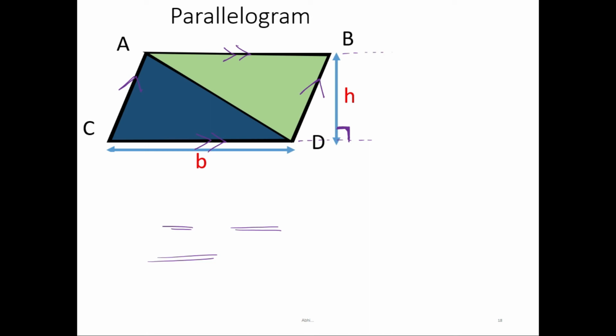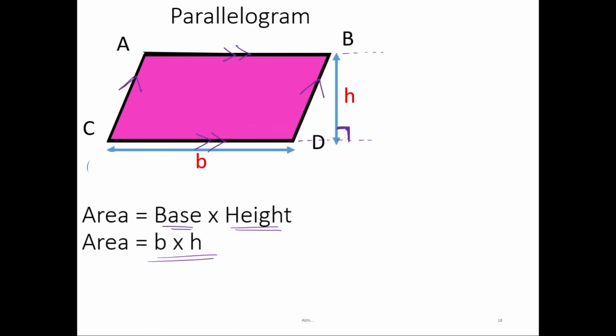So the area of a triangle is base times height over 2. So adding two areas together, it just becomes base times height. So take note of this.